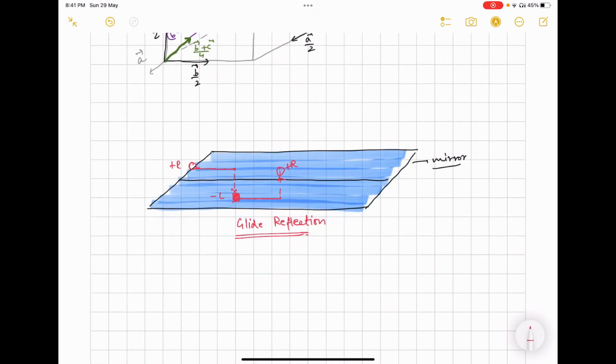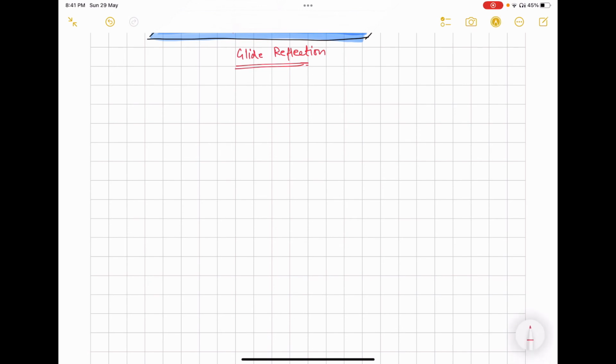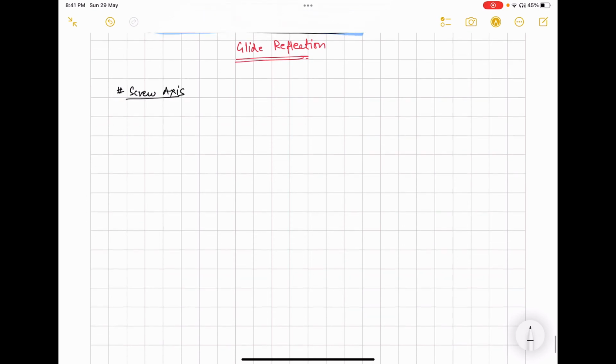Okay, so let us move to next type of compound symmetry operator, that is a screw axis. Okay, so it involves translation as well. So what is a screw axis?